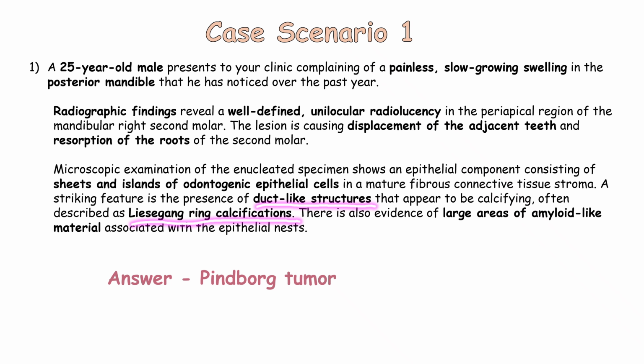And also a striking evidence is it has large areas of amyloid-like material. Amyloid-like material is seen mainly in Pindborg tumor only, not adenomatoid odontogenic tumor. So the correct answer is Pindborg tumor.